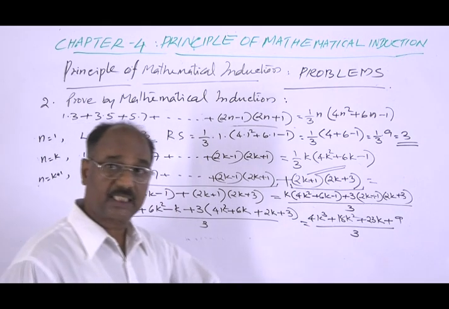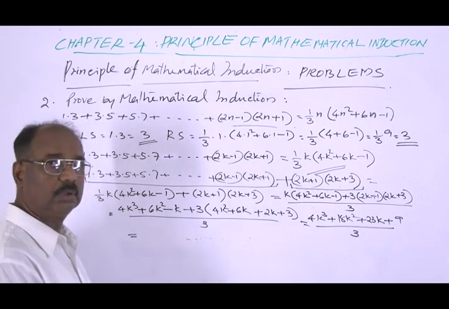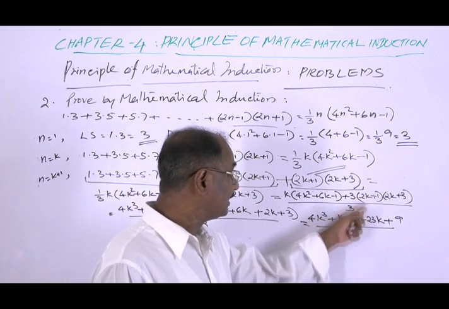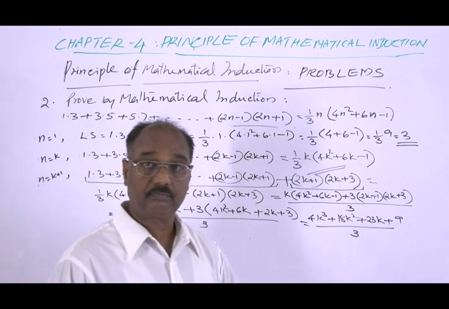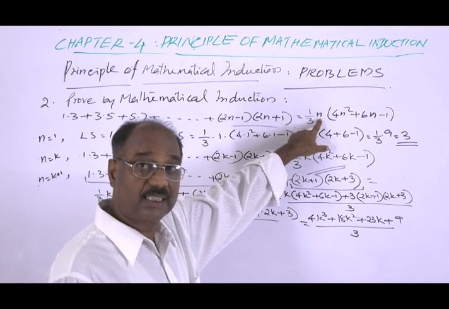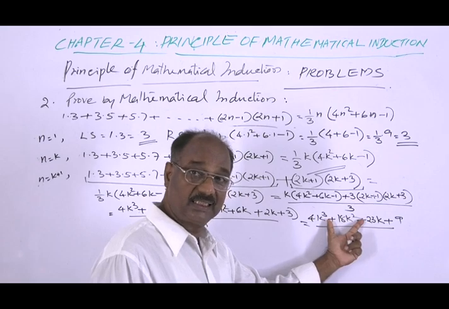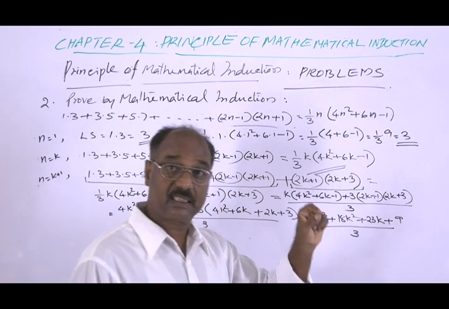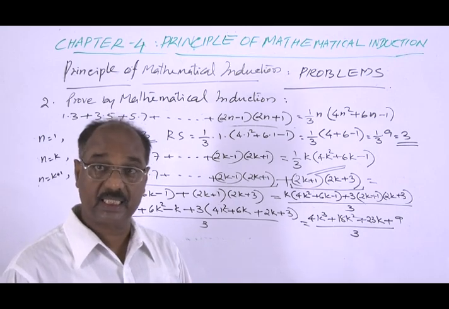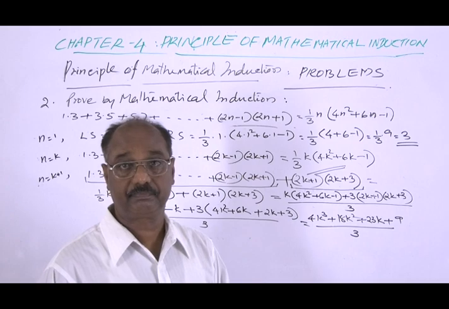So this is the next expression. So this is again equal to, and now we want to express this exactly in this form. That is, in place of n, we want this k plus 1. That means there is k plus 1 in this numerator as a factor. Take that factor outside, separate that factor by factorization method.